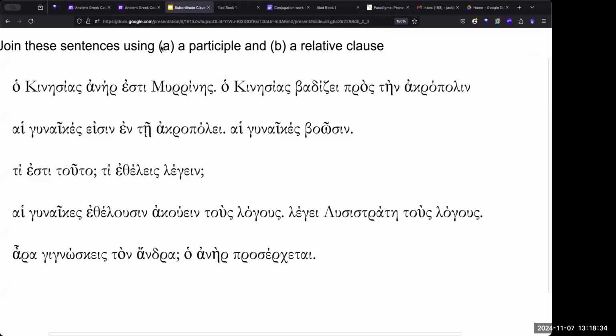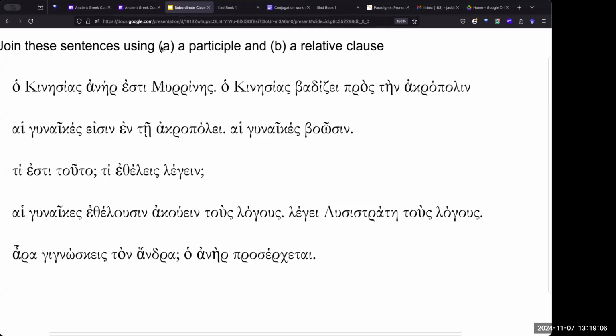But then what do you do with the relative? The relative has to come first. That's the only word order issue: a relative clause begins with the relative pronoun. So even though in this sentence tus logus is at the end, if you're going to make it the relative, it needs to go at the beginning. So hi gunaikes ethelusi akuen, the women want to hear tus logus, whose.